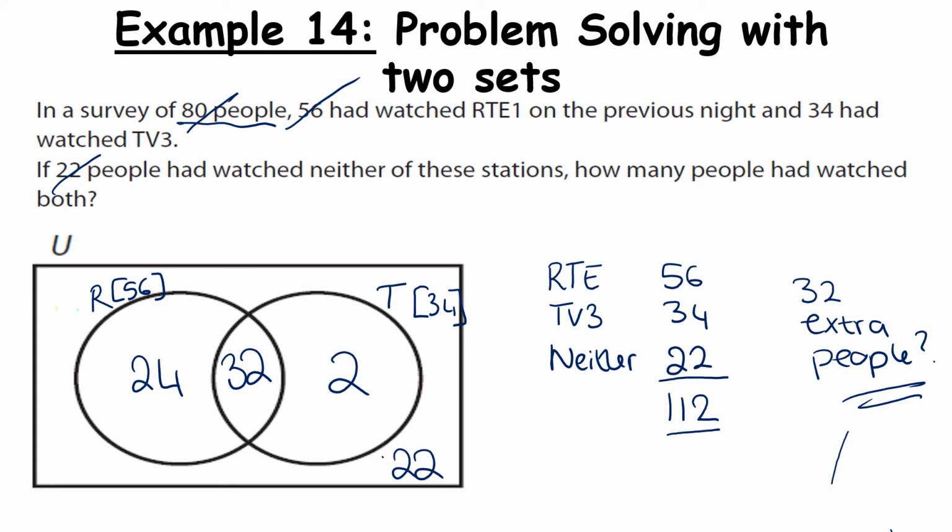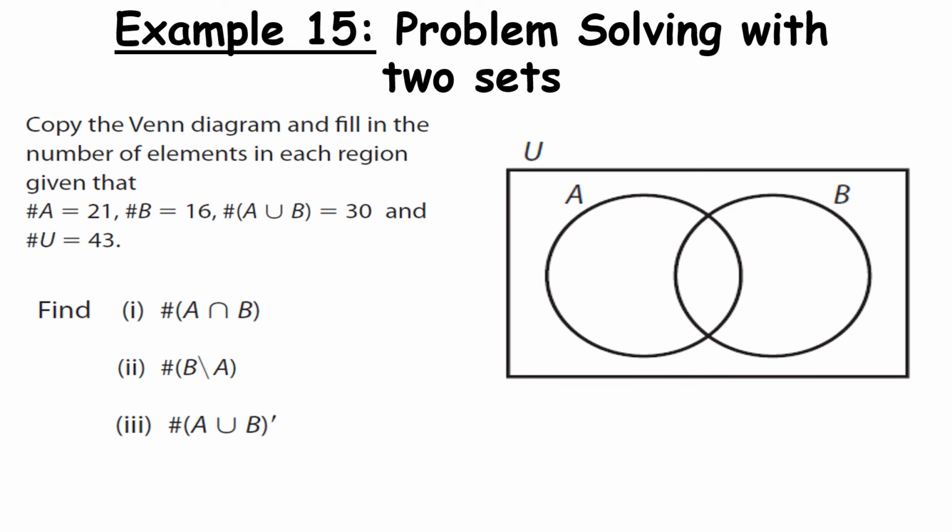And if we have 24 plus 32 plus 2 plus 22, that is 80. So how many people watched both? And the answer is 32. So when you have a problem like this, and it's not adding up because there are too many people compared to how many were asked, those extra were in the middle because they were double counted.